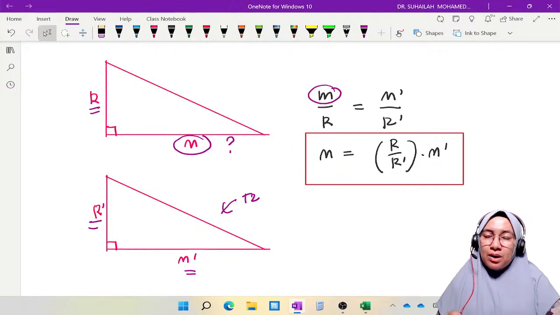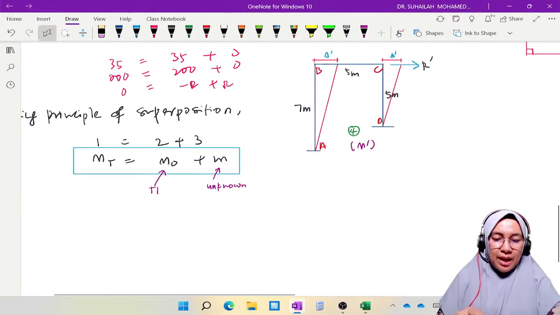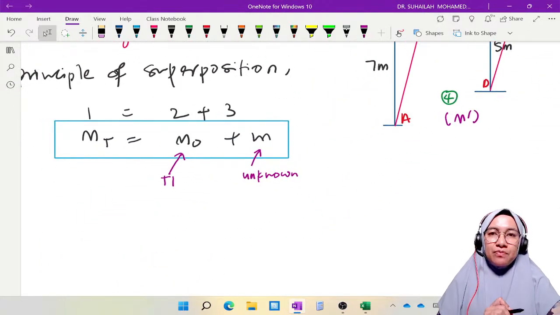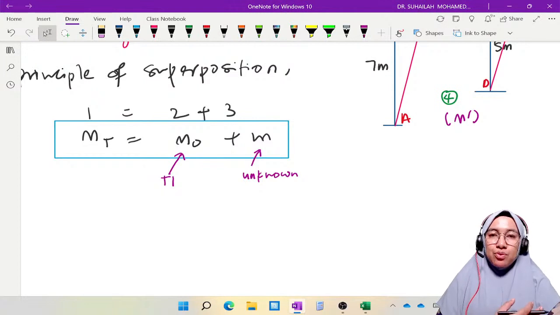Okay, this m we can substitute into the principle of superposition, where we derived m final or m total. From diagram number 1, m total is equal to m naught plus m.